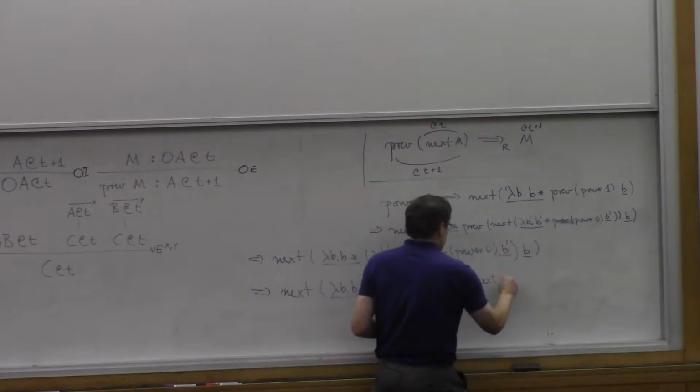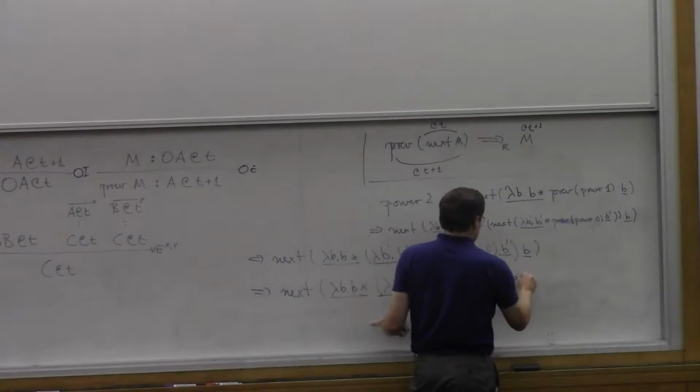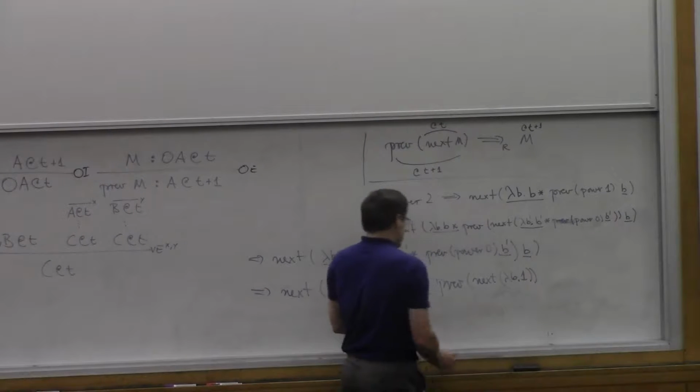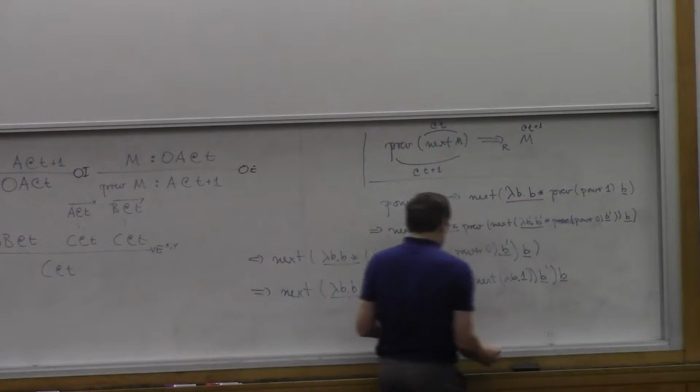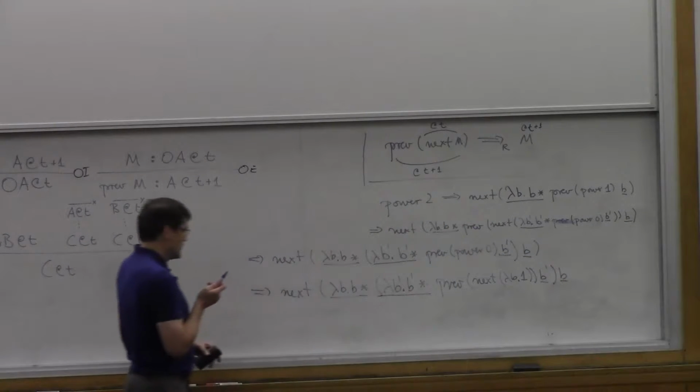Next, lambda b dot 1, and then this is applied to b prime, and the whole thing's applied to b, and that's all underlined. Am I still doing okay here?